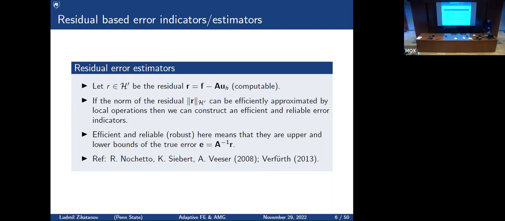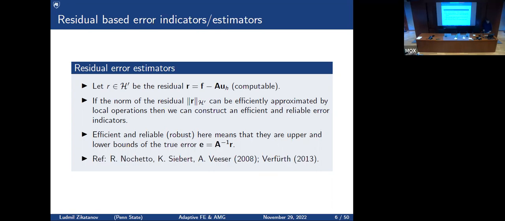And so I have listed below two references, a book by Verfurth and also the book by Riccardo Nochetto, Kunibert Siebert and Andreas Veeser, who is here from Milano, I think. So if you look at what a residual error estimator is, you just have some local approximation of the error, basically, and you show that it is upper and lower bound.